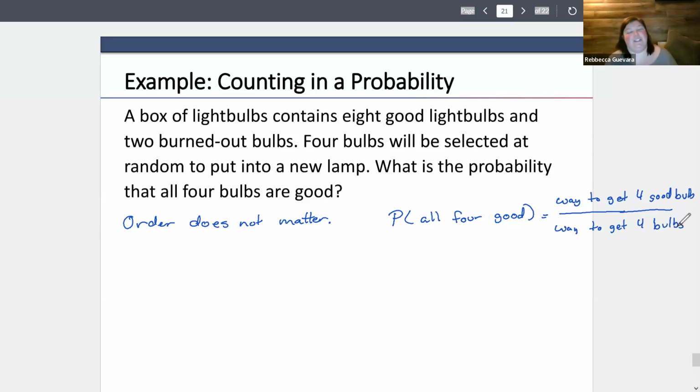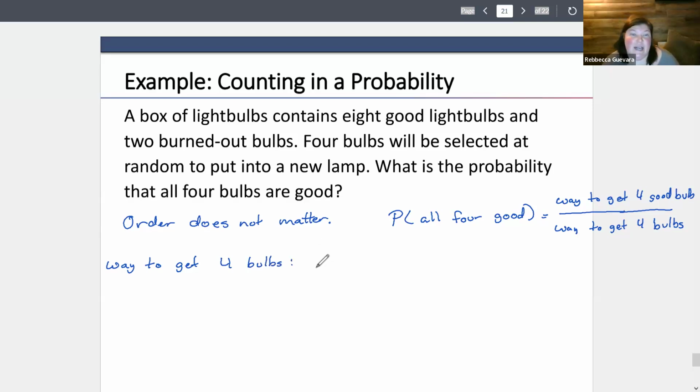So there are different ways that I get 4 bulbs, but how many of those are ways to get good light bulbs?